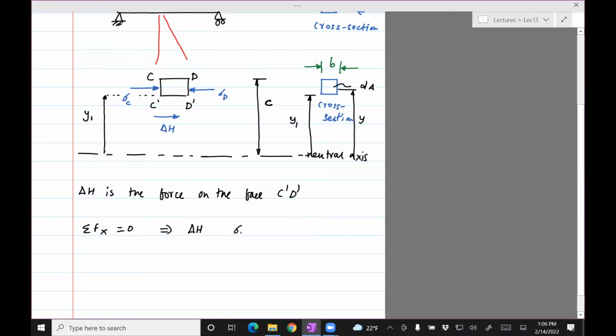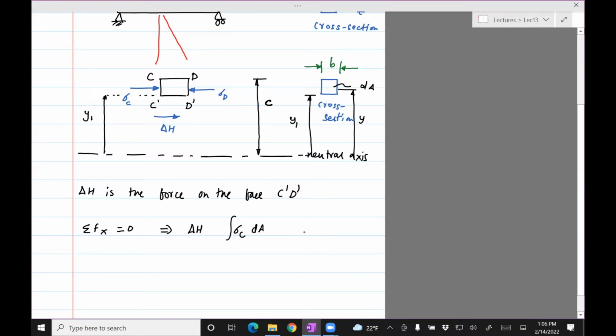Okay, sigma C is some kind of normal stress which is acting on the face CC prime. So the cross-section area for CC prime, you can see it from the side view, it's dA. And since we're interested in the complete force, we will need to integrate this.